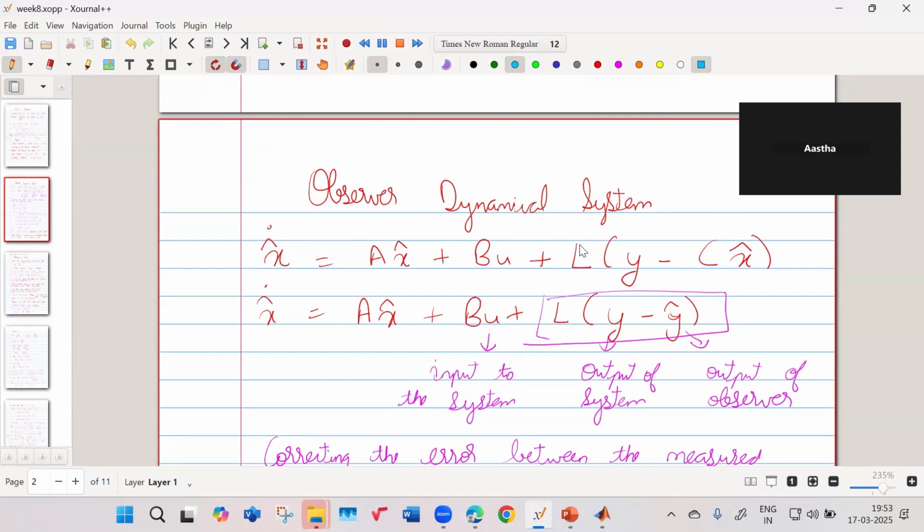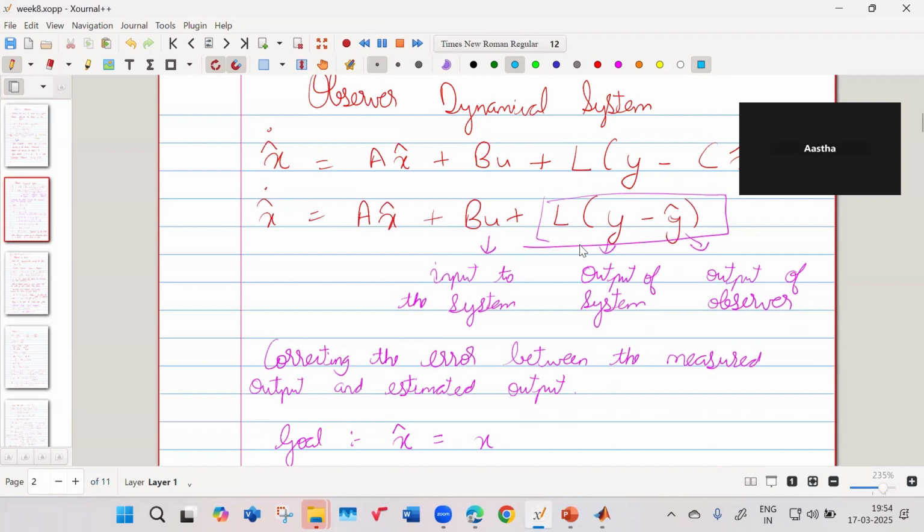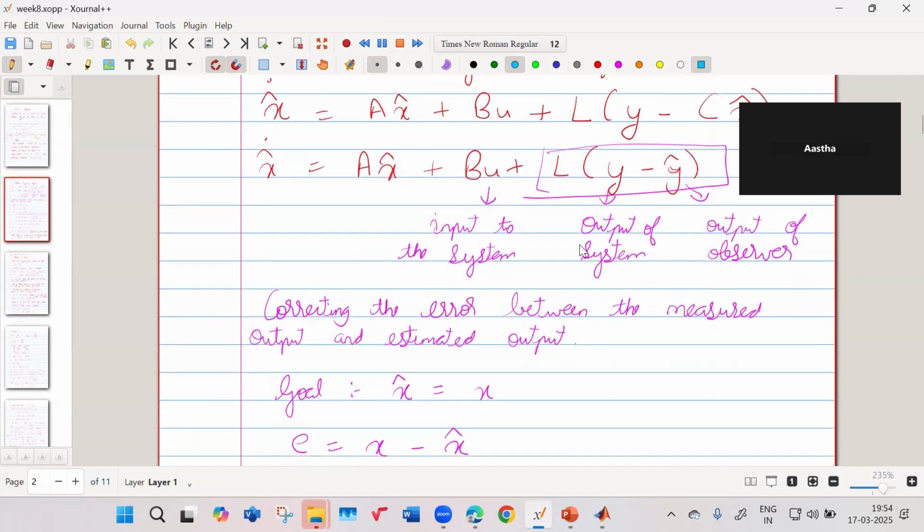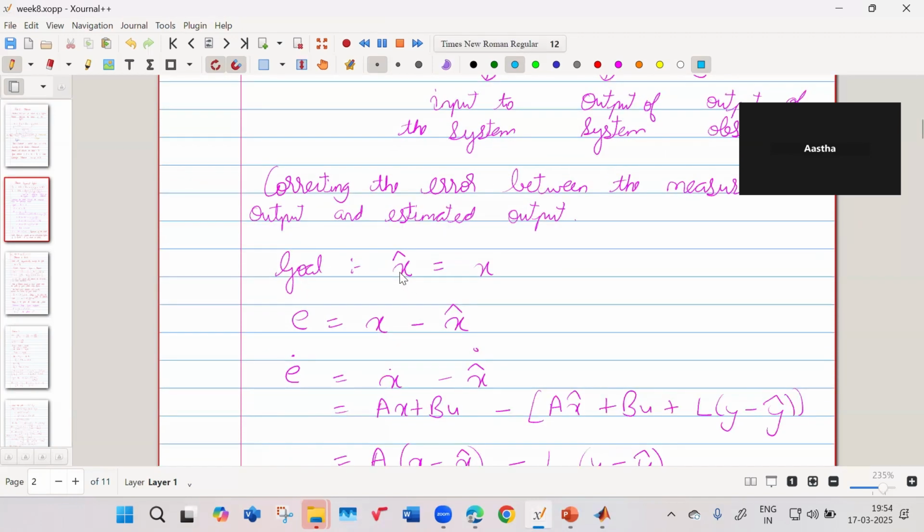This correction is what enables the estimated state to converge to our actual system state. We are correcting the error between the measured output and the estimated output, and in this process we are forcing our estimated state to be equal to our actual state.